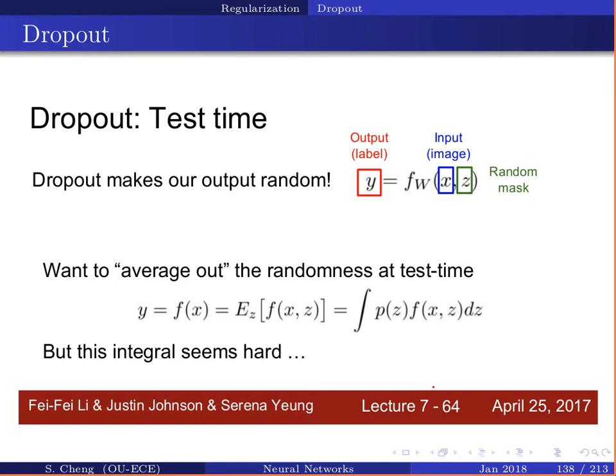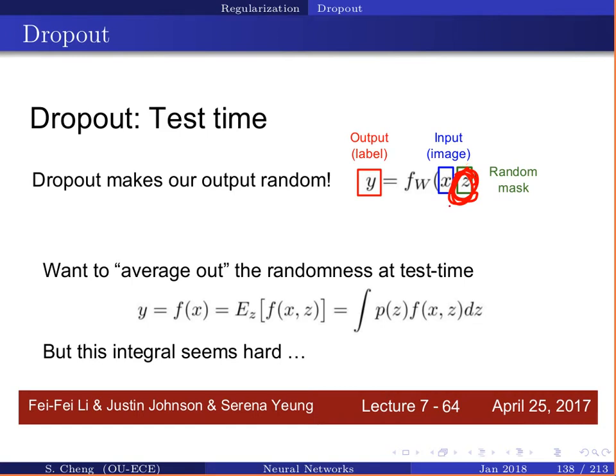Actually, the best way is to think of each time I have a set Z here, which is basically trying to represent a different kind of dropout, dropping out different nodes.